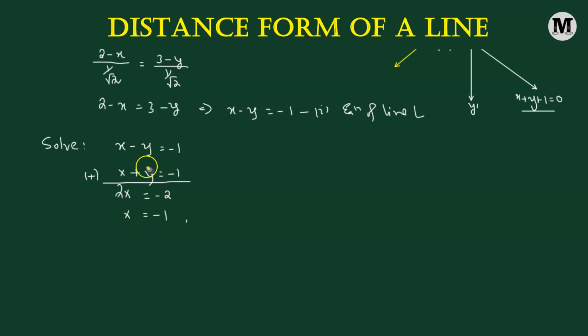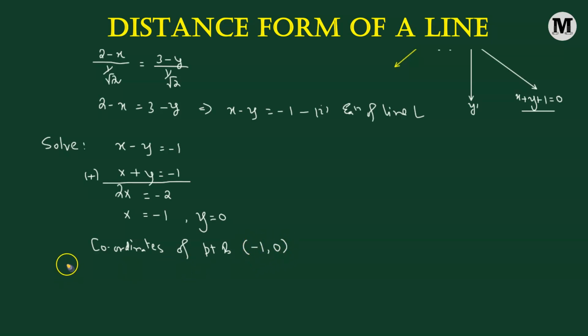We can substitute x = -1 in either of the two equations, which is going to give us y = 0. So that means the coordinates of the point B are (-1, 0).